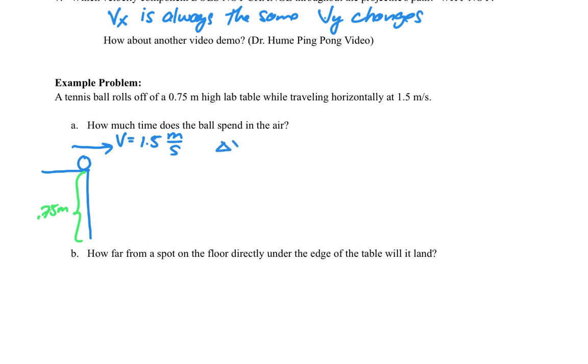So I always like to list out my variables. You should remember this from when we were in kinematics. So we have 5 variables. We have delta x, we have v initial, we have v final, we have a, and we have t. Now, on the x side, we know a couple of things. First of all, we know that the acceleration is 0, so we don't really have to include that variable.